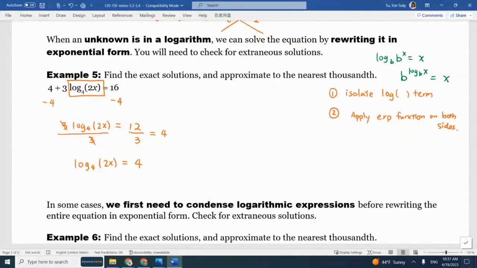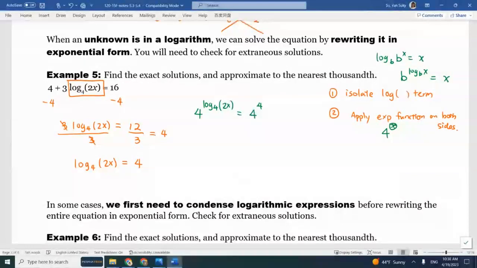The exponential function base 4 on both sides. So in this case, it's 4 to the something on both sides. So 4 to the log base 4 of 2x equals 4 to the 4.